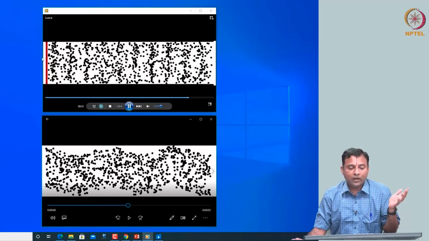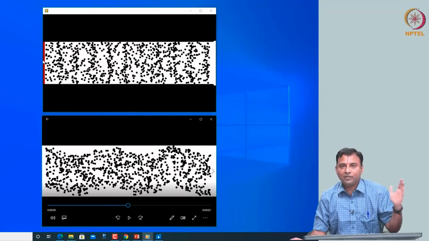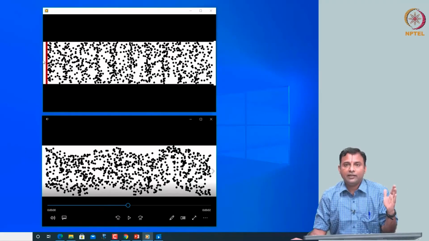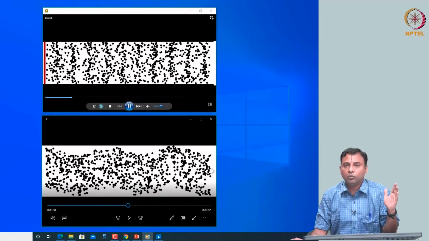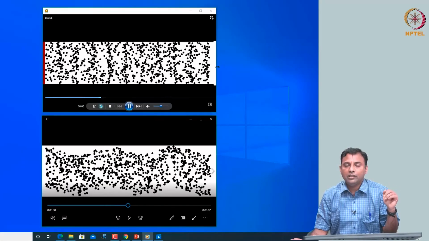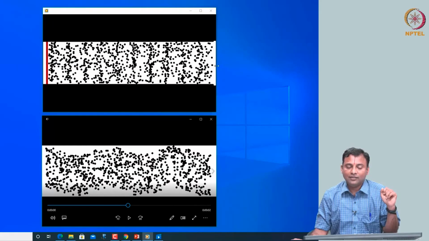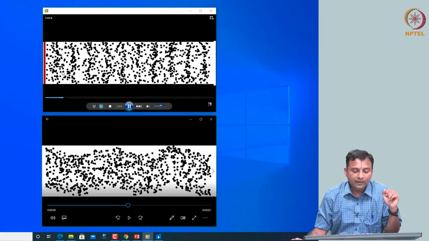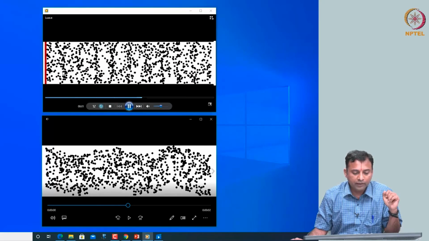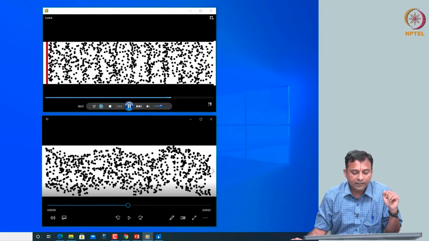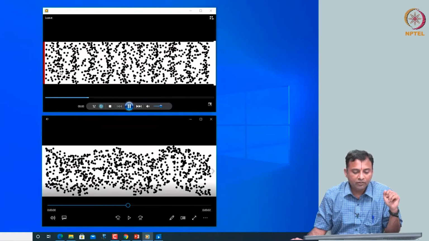Here I oscillate this red line, which is basically vibrating, moving left and right, and therefore the particles surrounding it start to move and you see a wave. But notice carefully, there is an illusion. If you sit at one particle, localize, take one particle and focus only on that, it is actually moving left, right, left, right.